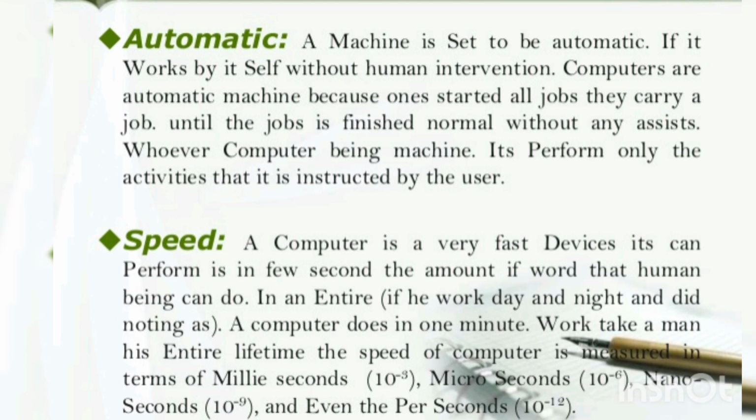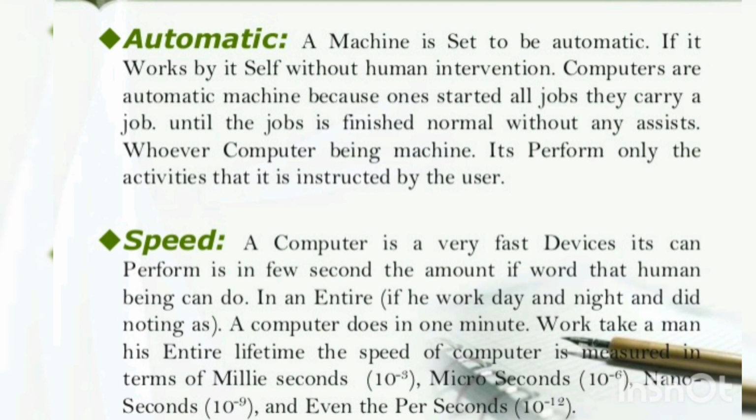The computer can finish its work without any intervention. It automatically processes and manipulates, and finally produces the desired result. When you give a correct input, it gives a correct output. That's why it is called an automatic machine.